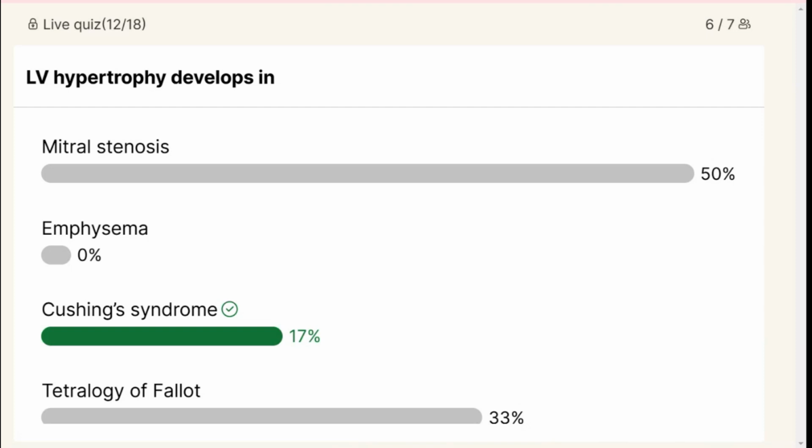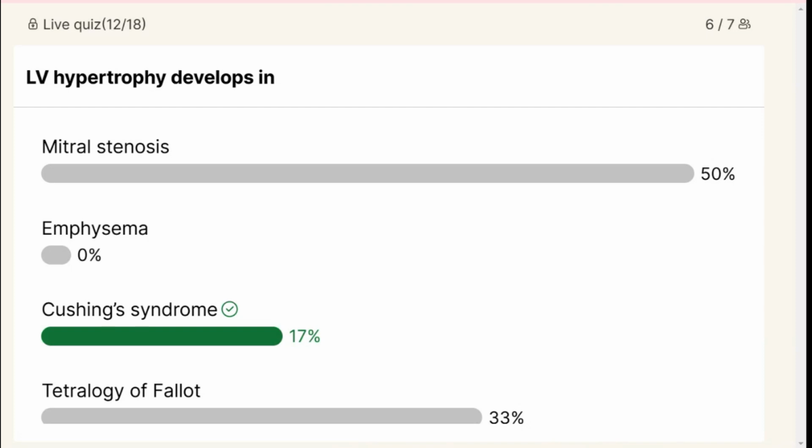For Cushing syndrome, yes, left ventricular hypertrophy can happen in Cushing syndrome, and the reason is because in Cushing syndrome, essentially you have increased amounts of, what's that, glucocorticoids. So glucocorticoids, there are many functions of it, but two functions that I'm referring to here is the mineralocorticoid action in excess amount of glucocorticoids. So that will increase the body water and sodium and therefore increase the systemic pressure.